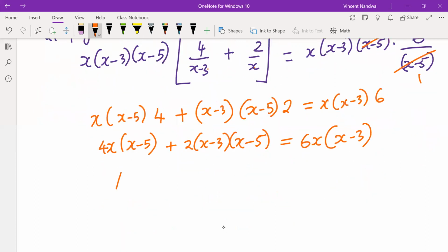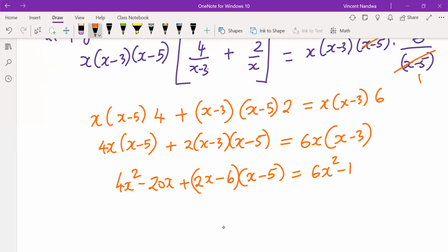So 4x by x is 4x squared. 4x by minus 5 is minus 20x plus 2x, I'm multiplying 2 by everything inside this bracket, minus 6 times x minus 5 into 6x by x is 6x squared minus 18x.